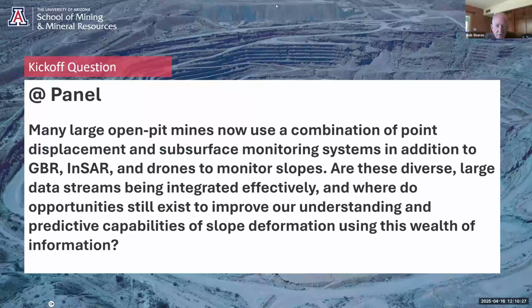A lot of operations I've been to do this very well. They have systems integrators to help them set up their monitoring systems so that they can look at this data in real time. They'll create time series graphs of different types of movement over the same period of time, so you can examine the data together. So not only are the systems good, in my opinion, but a lot of operations do use them effectively.